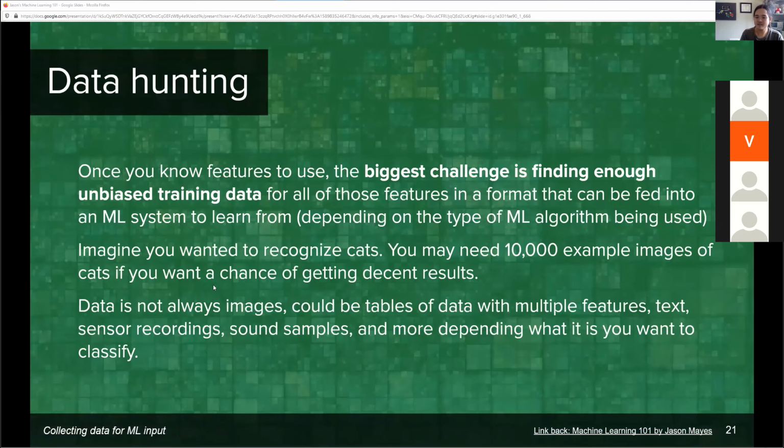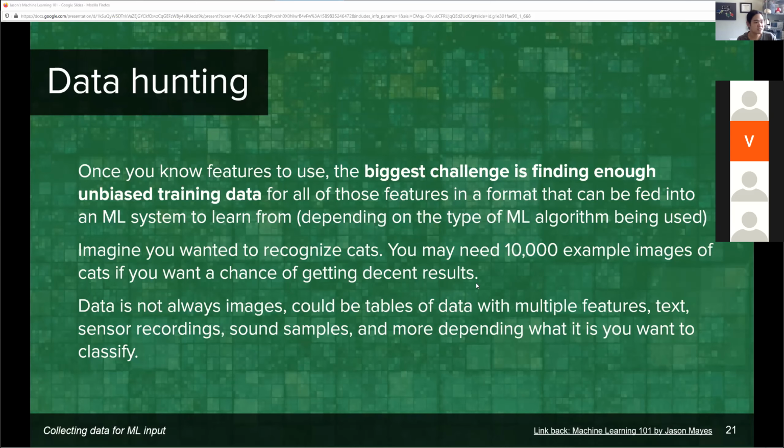So, data hunting. The biggest challenge is finding unbiased training data for all those features in a format that can be fed into a machine learning system. So if you want to recognize cats, the more data you have, the better. If you have 10,000 images of cats, you might have a better chance of getting decent results than if you had, let's say, 100 images.